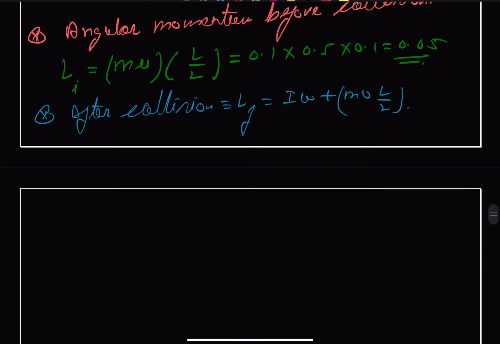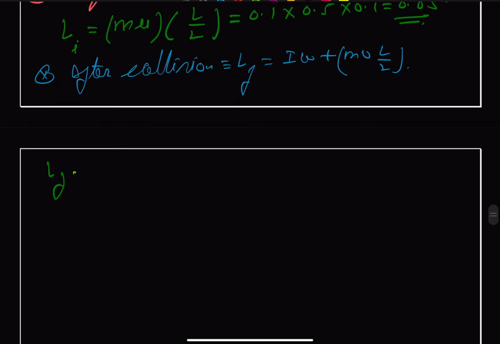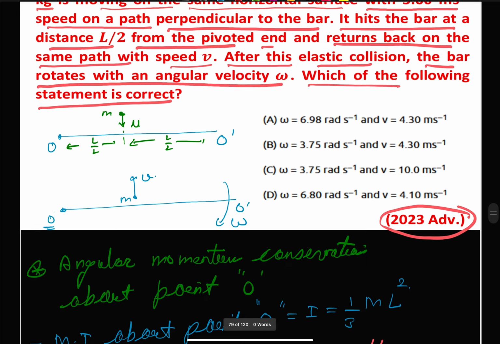So we get that our L final will be equal to I omega, that is 1 by 3 into 1, and this is 0.2 whole square omega, plus 0.1, 0.1, and length is 0.2.